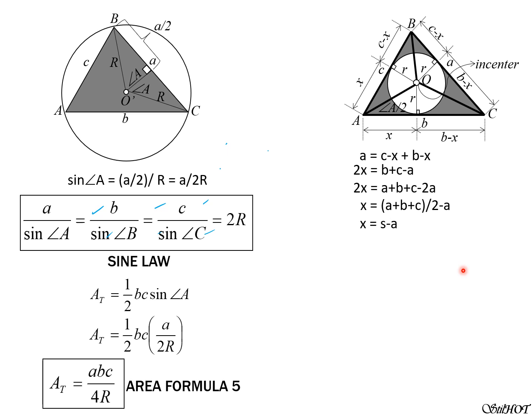Right? And therefore, from this triangle, because this is the bisector of angle A, that's also angle A over 2.